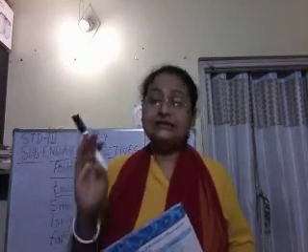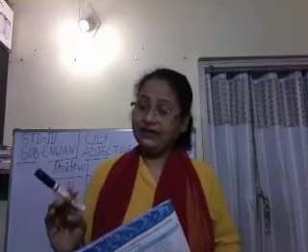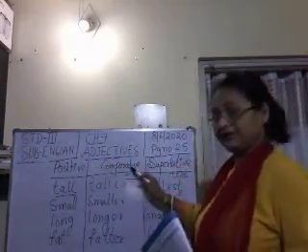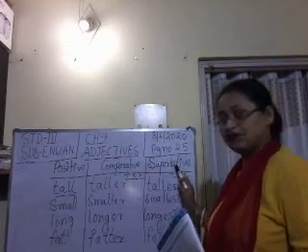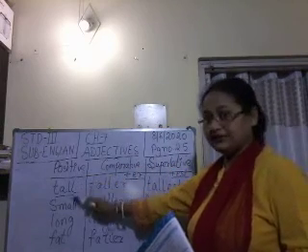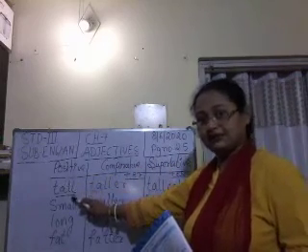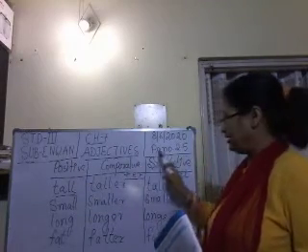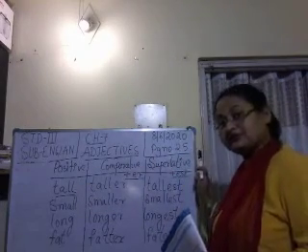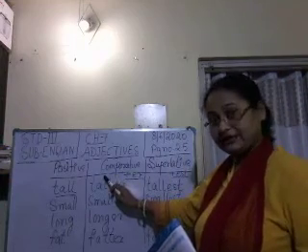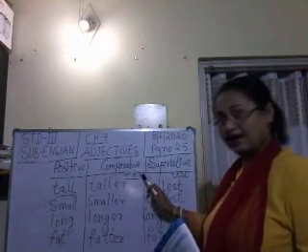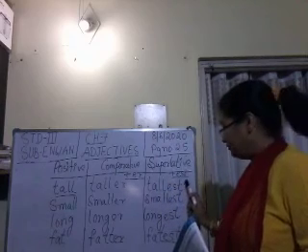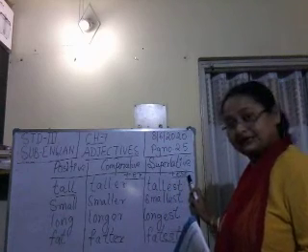They are known as degrees of adjective: positive, comparative and superlative. Positive is when we talk about one thing. When you compare 2, this is comparative. When you compare 3 or more than 3, this is superlative. In the comparative degree, we add er to the positive. When we talk about superlative, we add est.